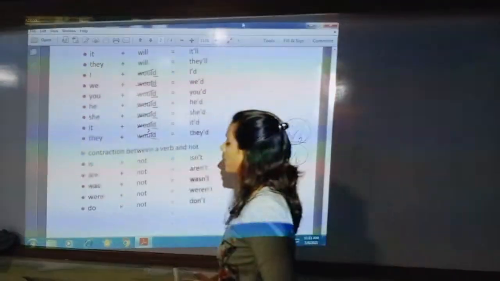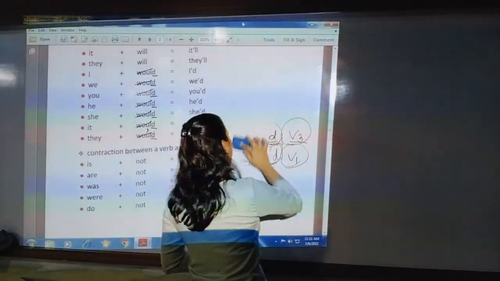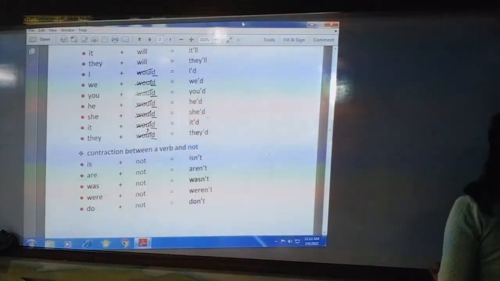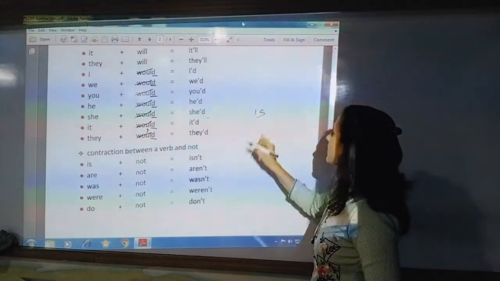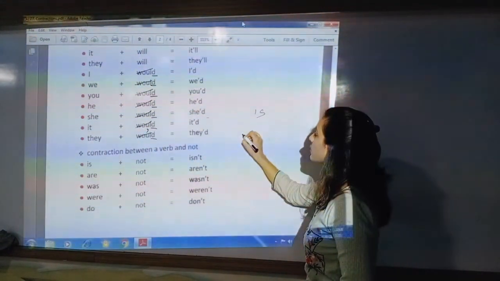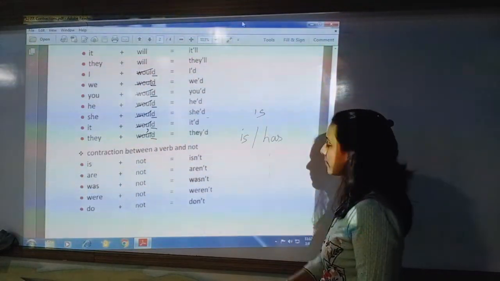Same way, again, you might get confused in apostrophe S, because apostrophe S is used for is and also for has.